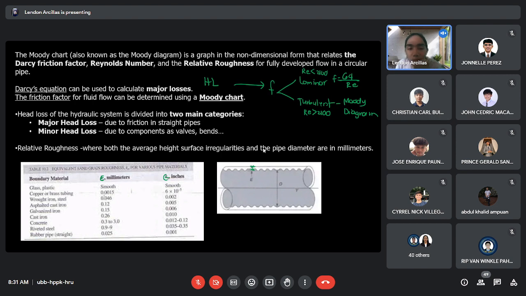Ang titingnan mo lang kung ano yung type ng pipes doon sa problem. For example, pag cast iron and you're solving SI unit, then the value is 0.826. Okay? So, aalahanin mo lang on how to find the value of friction. Ito lang yung focus mo. So, let's try to solve an example.